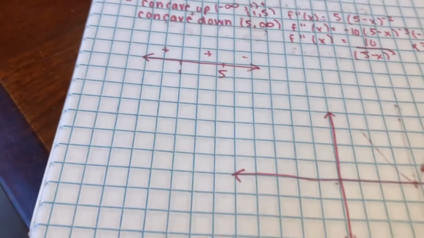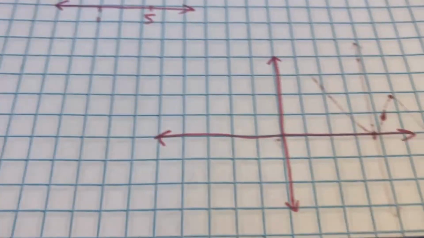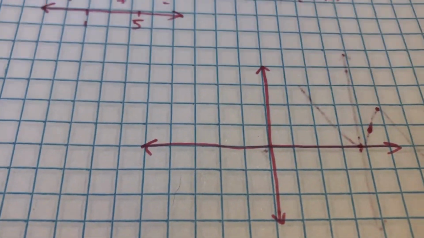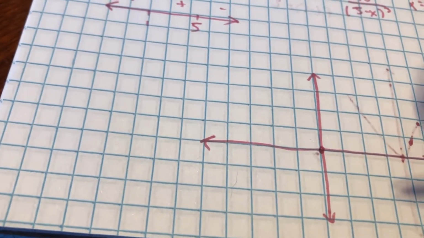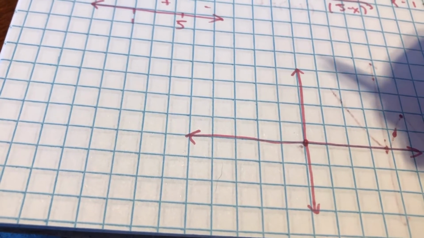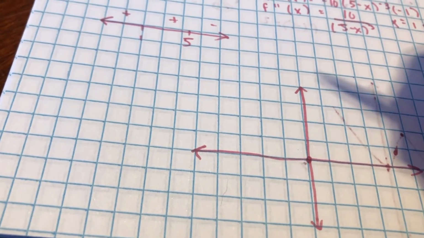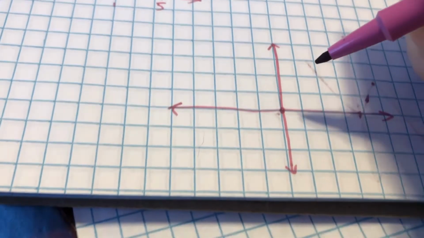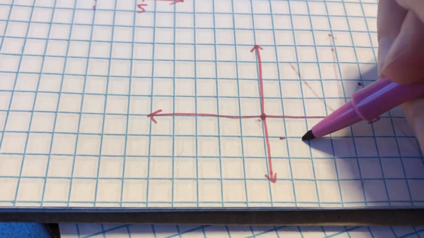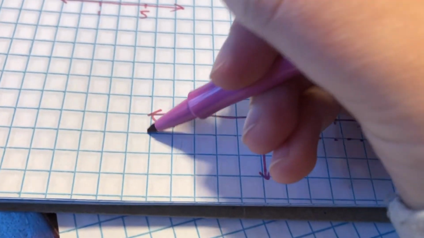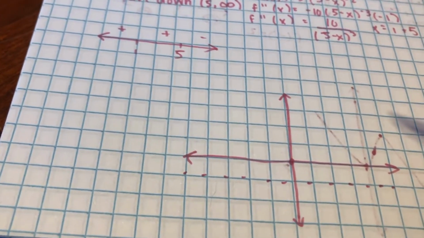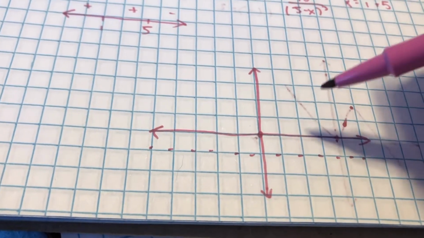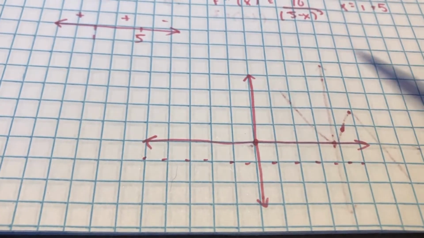If we go ahead and graph this, we don't have any extrema, but we do have our intercept, so we can graph that at (0, 0). We know that we have a horizontal asymptote at y equals -1, so we draw a dotted line to represent our asymptote, and then we have another asymptote at x equals 5. 1, 2, 3, 4, 5.